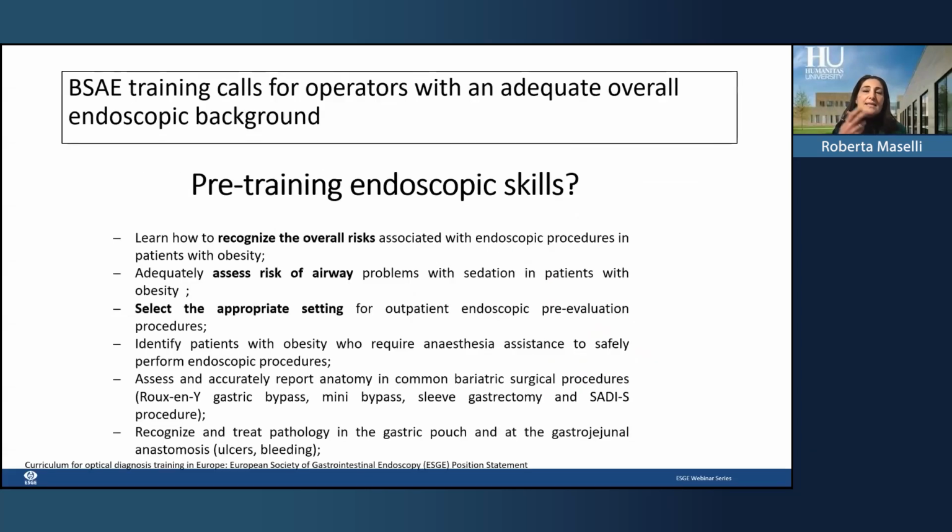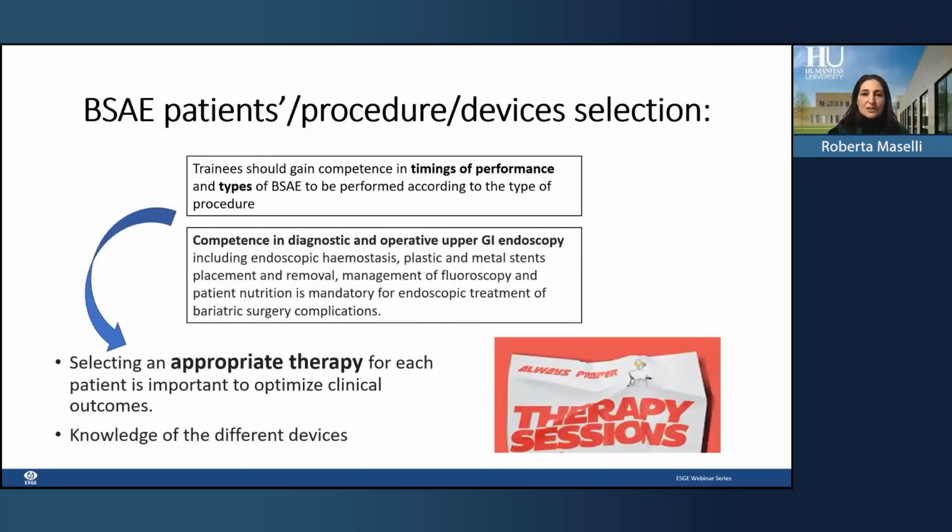So we should, let's say, talk about pre-training endoscopy skills. That means, for example, learning how to recognize the overall risk associated with endoscopic procedures and also to assess the risk of errors. That means selecting the appropriate setting for this type of patient. And then understanding the best selection of patient, procedure, but also devices.